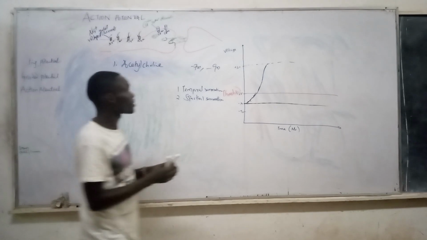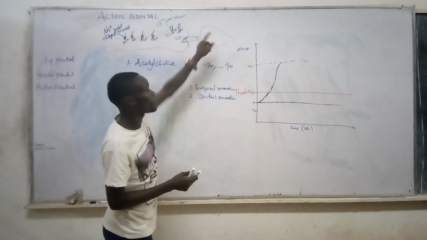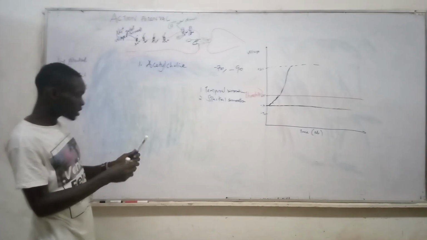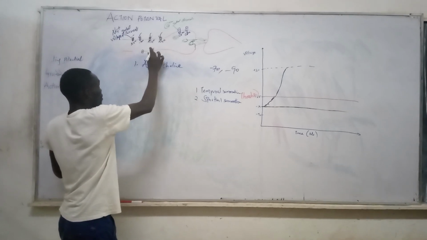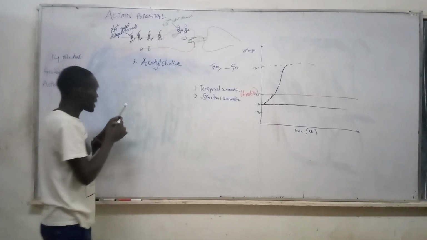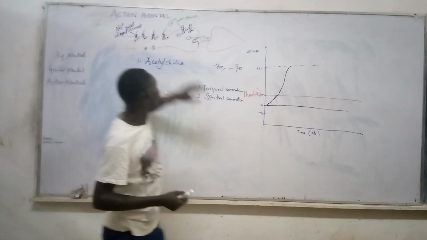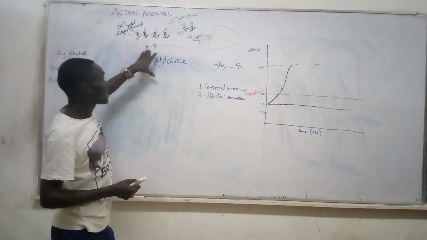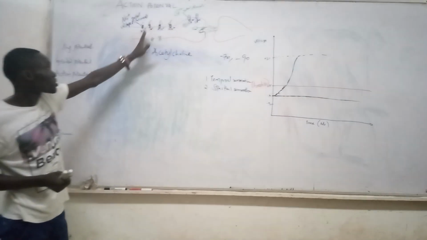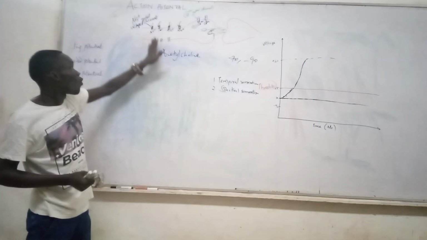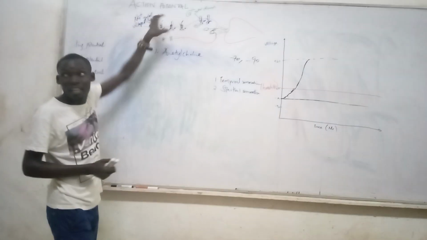When the membrane is at positive 30, the message has been transmitted to the postsynaptic membrane. What happens? We have potassium-gated channels. When the charge goes up to positive 30, they open. When they open up, potassium ions leak out through the potassium-gated channels. When potassium ions leak out, it decreases the charge of the membrane.